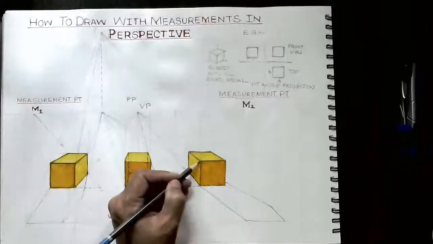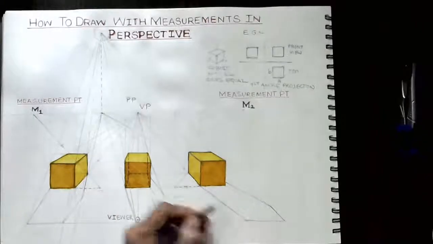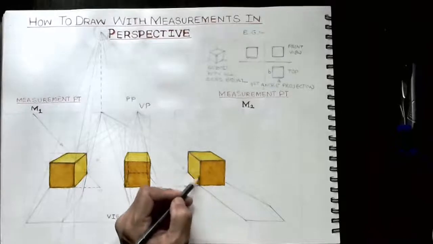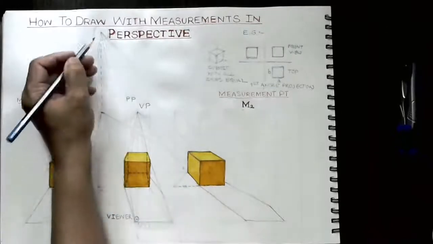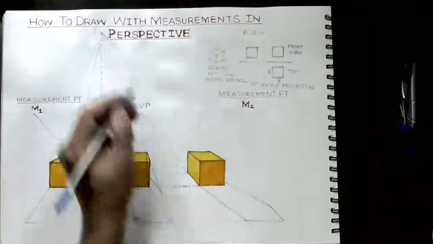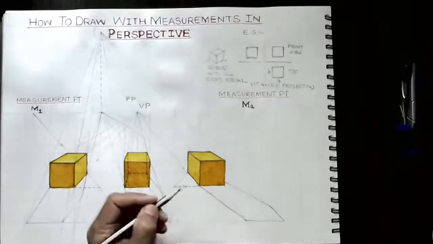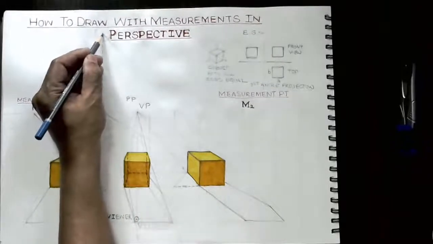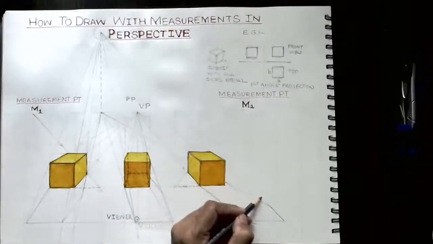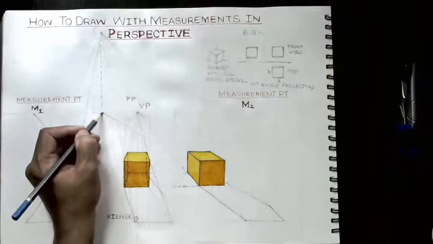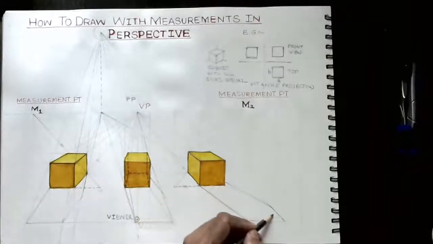From top to top, I'll get somewhere here, and from bottom to bottom, I'll get this length in shadow with respect to this light. Similarly, when you plot it with respect to this here, and the bottom till here, you'll get a length like this.